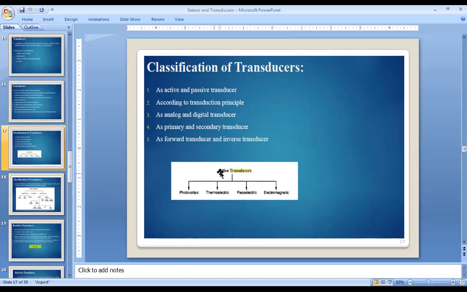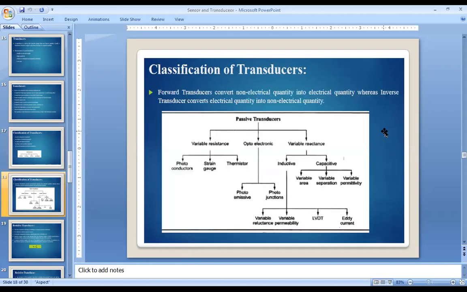Okay, so that means an active transducer directly converts the input parameter to an equivalent output voltage without any external source.